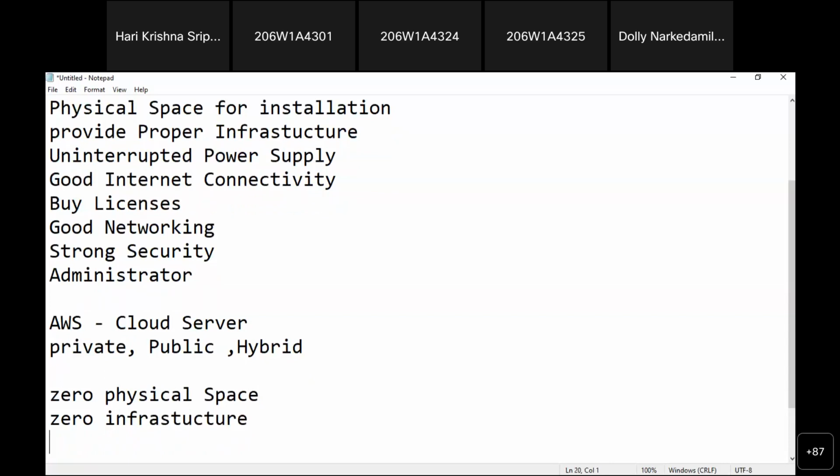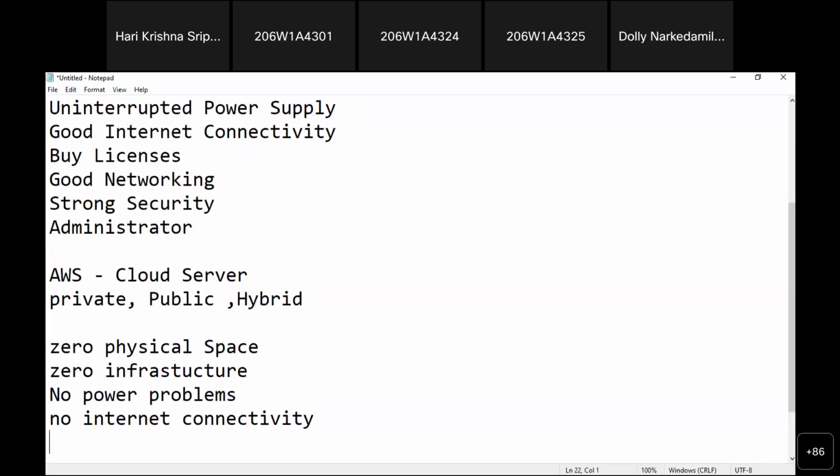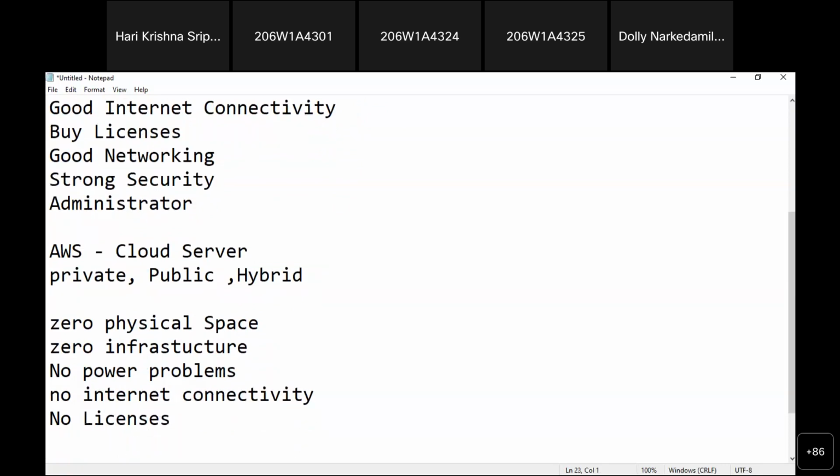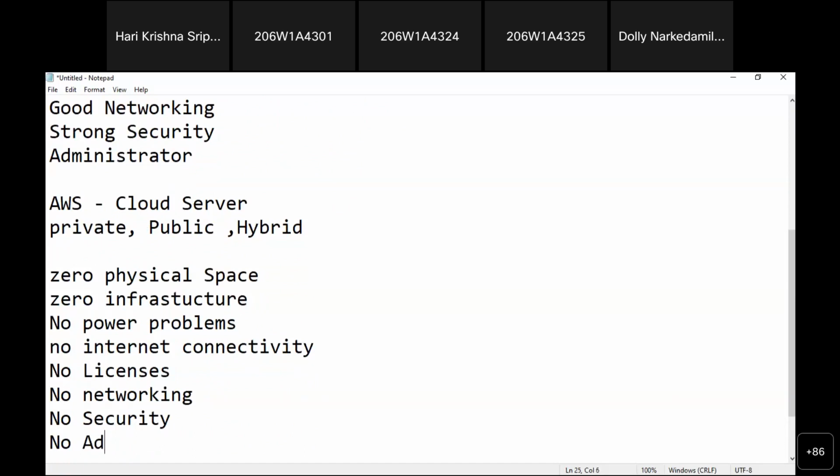Again, if I say UPS, no power problems, and no internet connectivity, no licenses, no networking, no security, and no administrator.